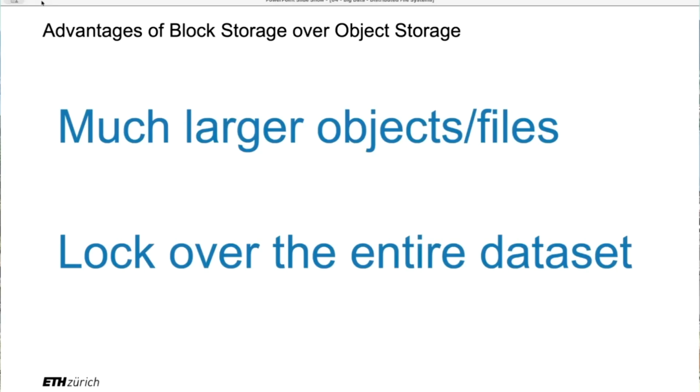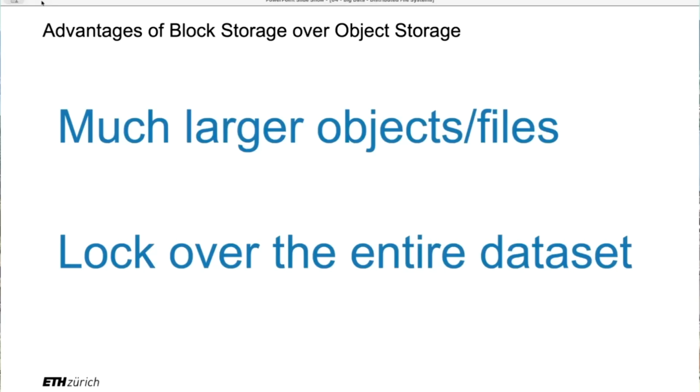An advantage of this is about locks and data consistency, because you might remember that when you write a file in HDFS or when you append at the end of the file, you take a lock on that file. Nobody else can write at the same time. That matters if you have a data set stored as a single huge 200 terabyte object in Azure Blob Storage, or a data set stored in thousands of 5 terabyte files in S3.